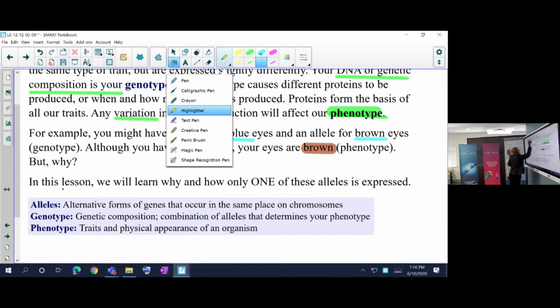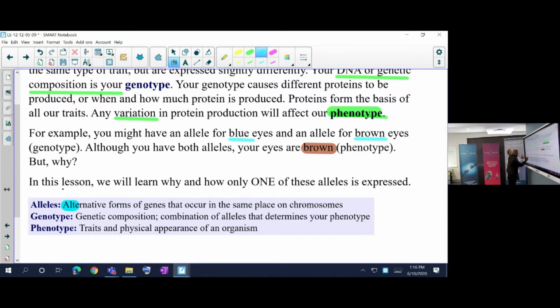Alternative forms of the same genes that occur in the same place on the chromosomes. It's very important.